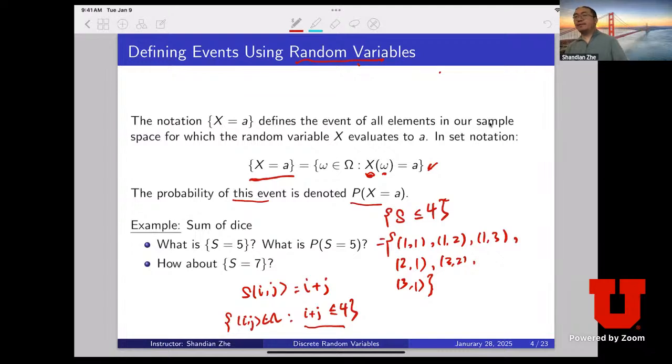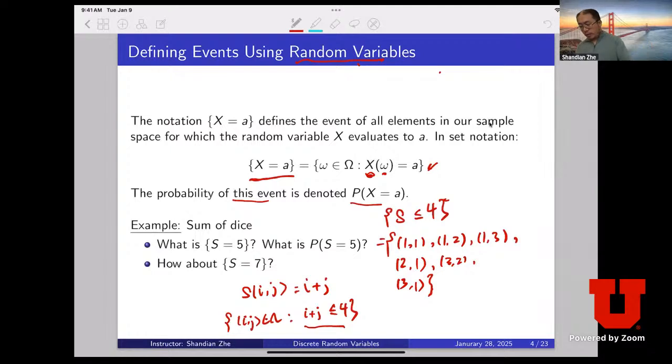Just by looking at which elements in the sample space cause the random variable's value to be a specific value A, I define an event.